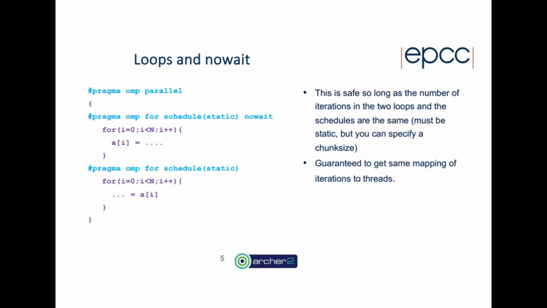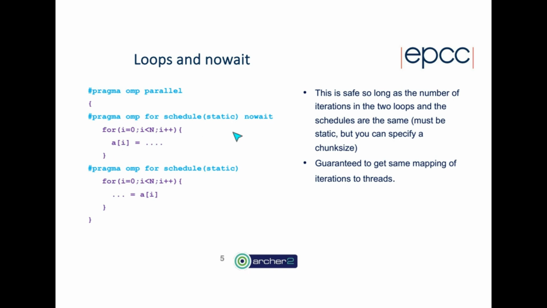So I've had an example like this where I have 2 loops inside a parallel region, and the first one writes some values into an array A, and the second one reads values from the same array. Then the question is, do I actually need the barrier synchronization between these 2 loops? Is it safe to use a nowait clause on the first loop to get rid of the implicit barrier at the end of the first parallel loop?